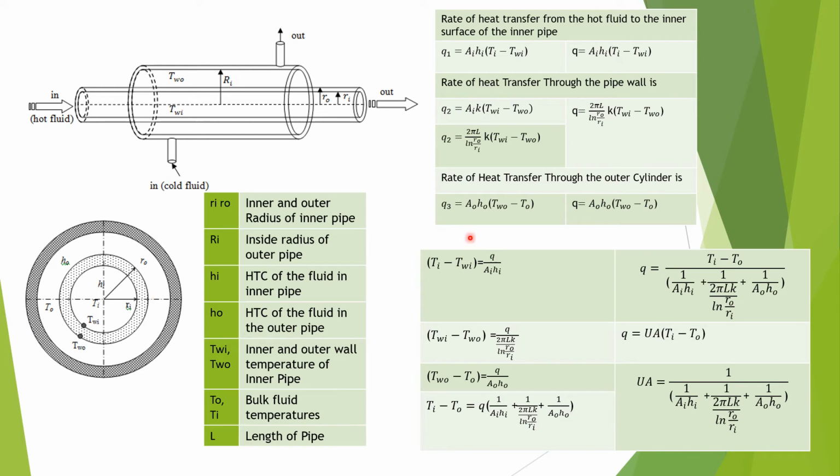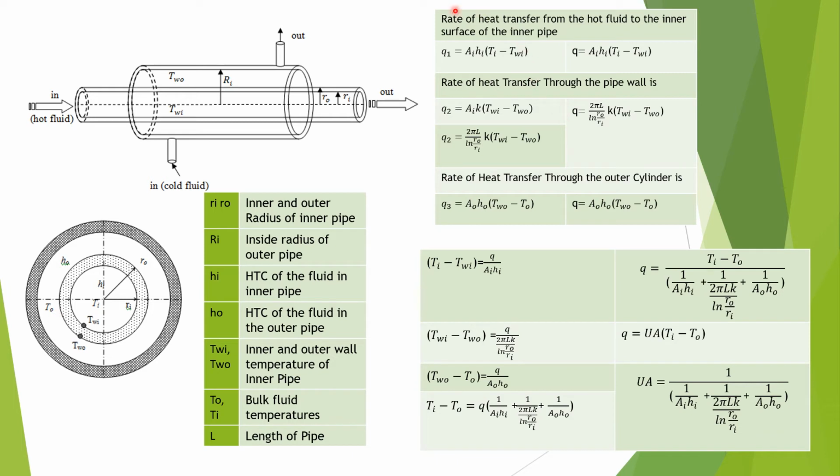So we will write over here Newton's law of cooling, that is Q is equal to A h delta T, and while writing this term, we will use our notations, that is the outer area of the inner pipe available for the heat transfer, Ao, ho, the heat transfer coefficient of the fluid in the outer pipe, into Two minus To, that is the temperature at the surface of the wall minus the temperature of the fluid.